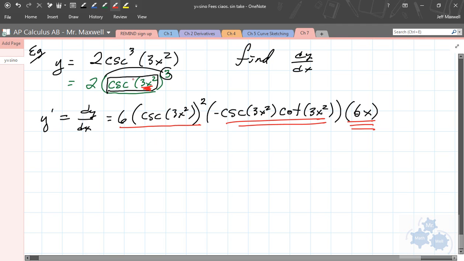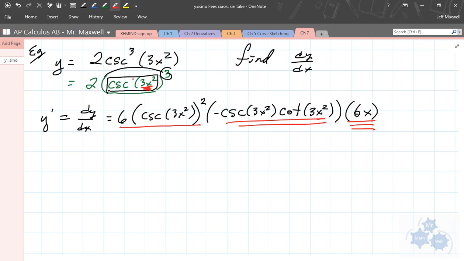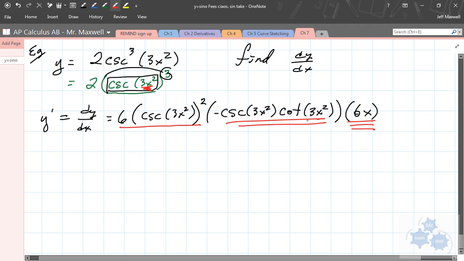So that's really your first step. That's differentiation right there. To simplify, we go another step. But that is your basic differentiation of that function. We did the chain rule along with the power rule, and we used the derivative of cosecant right here.